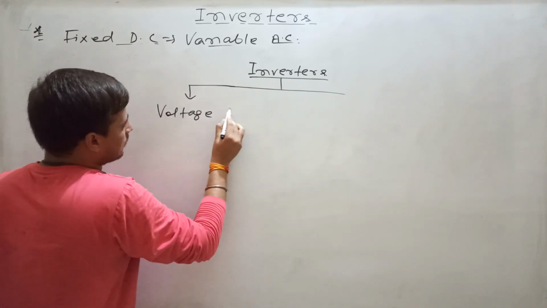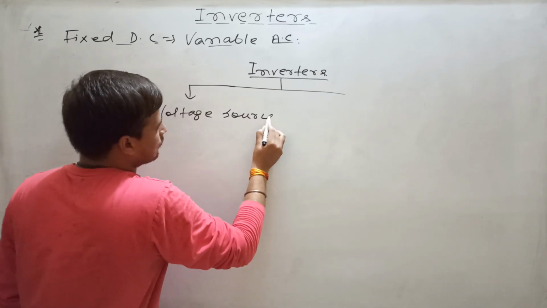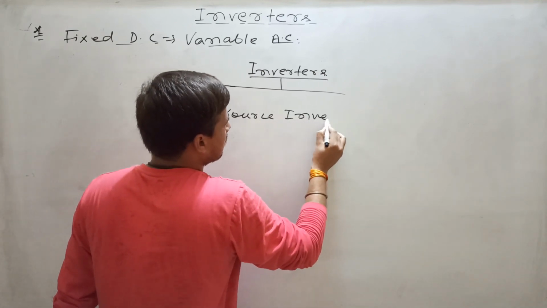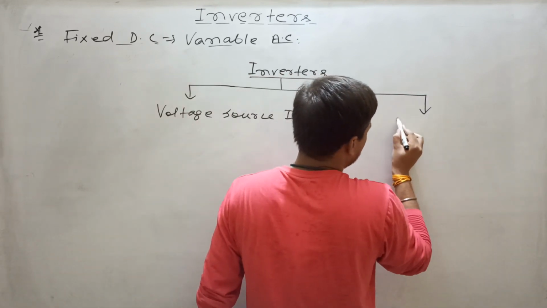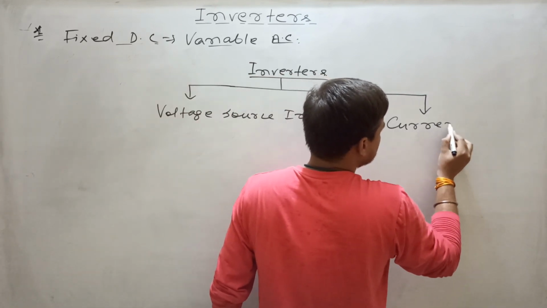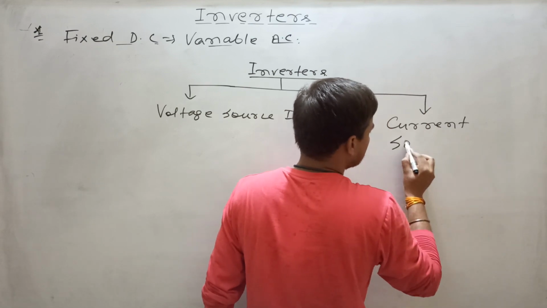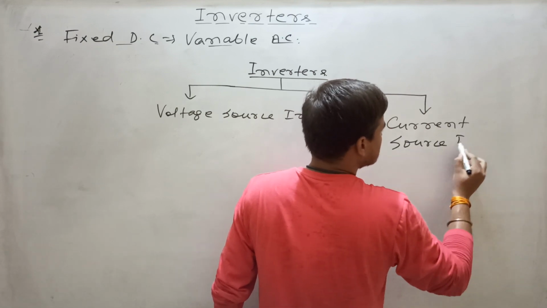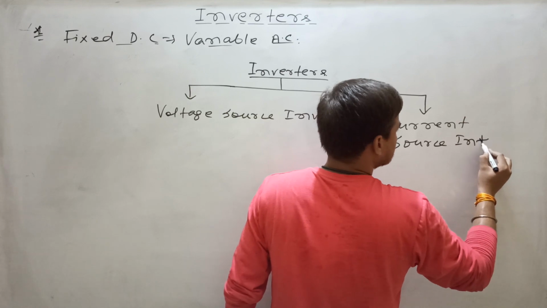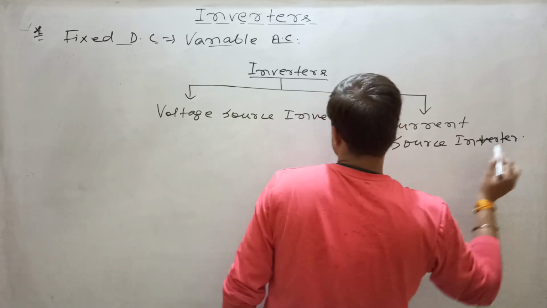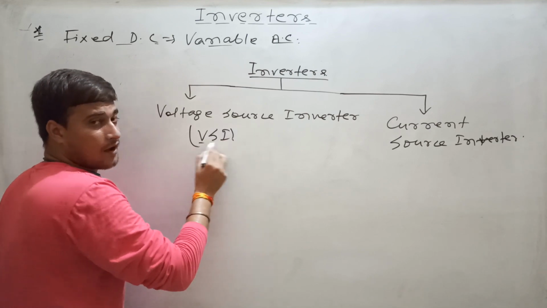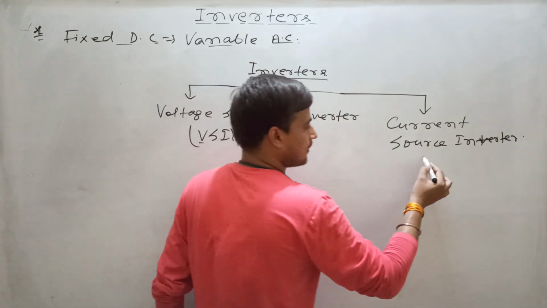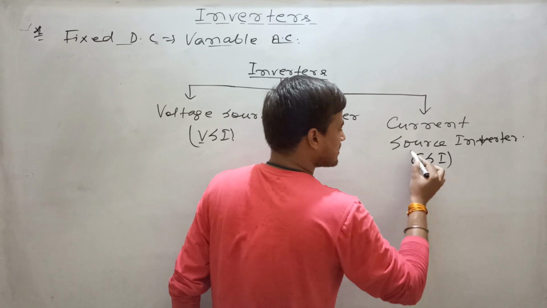The second one is called current source inverter. In short form you can write VSI, and here you can write CSI.